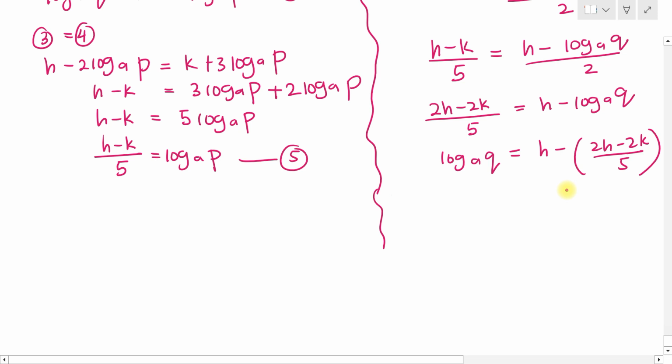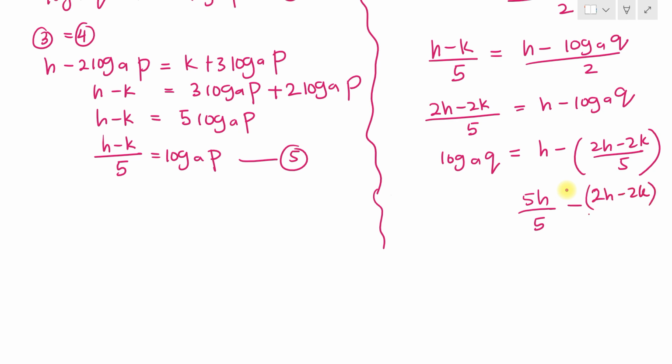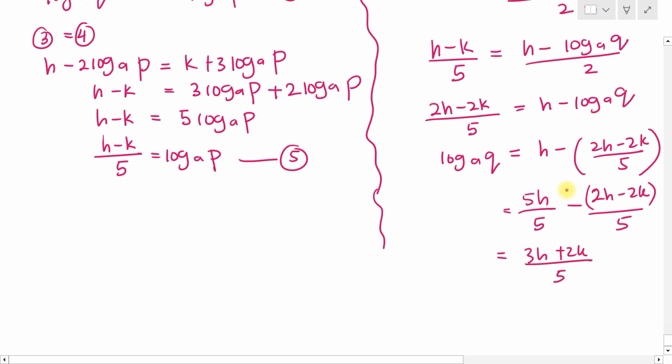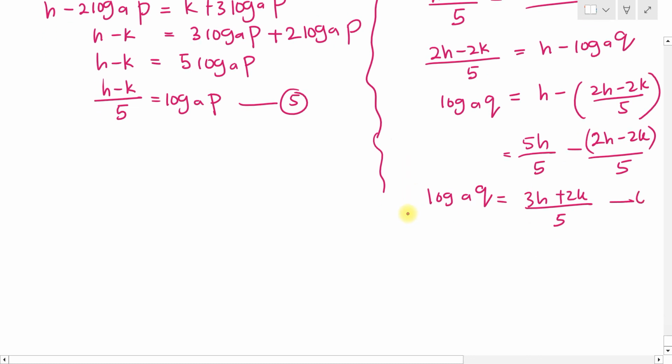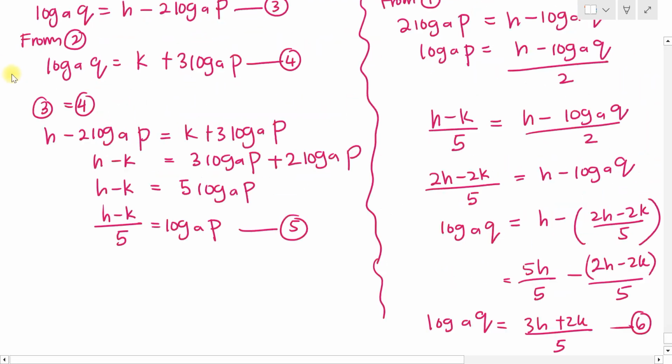It's actually 5H over 5. Put it in brackets, otherwise you make mistakes. So 5H minus 2H is 3H, minus minus is plus 2K over 5 is log AQ. This is equation 6.